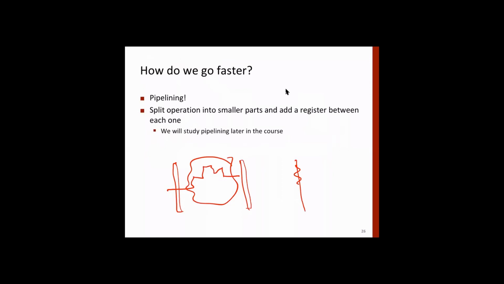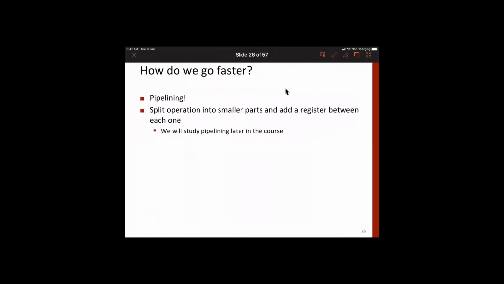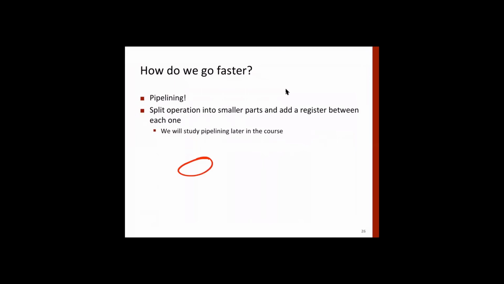Now the question is how can we improve the speed, because if this is long enough, then the clock has to be really large, right? So one way to do that is to split this whole combination logic into multiple combination logic blocks and have registers in between. Now this delay is limited, smaller, so you can use a faster clock speed.